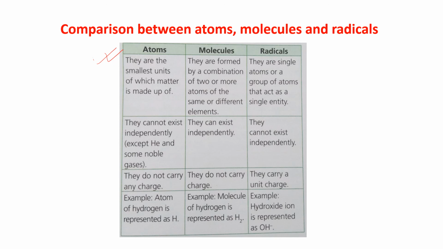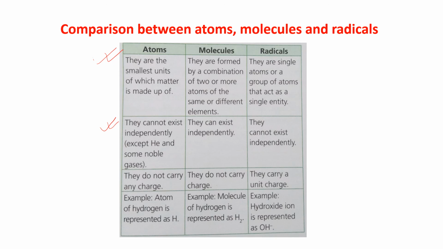Radicals are single atoms or a group of atoms that act as a single entity. Next point, atoms cannot exist independently except helium and some noble gases, and some metals also.